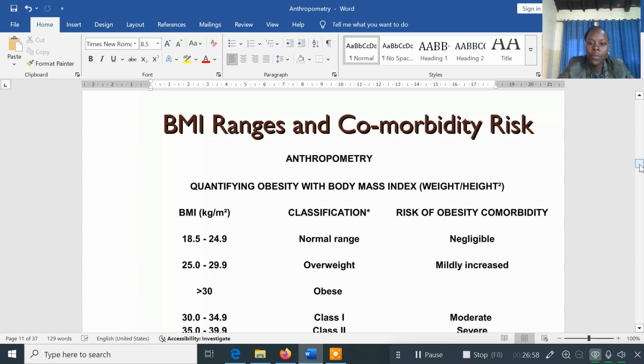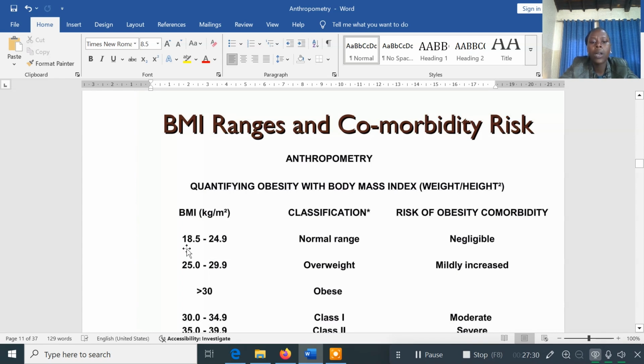Anthropometry: quantifying obesity with body mass index, that is weight over height in meters squared. If you calculate someone's BMI, this first column is for BMI, the next column is for classification, and our last column is talking about the risk of obesity comorbidity.